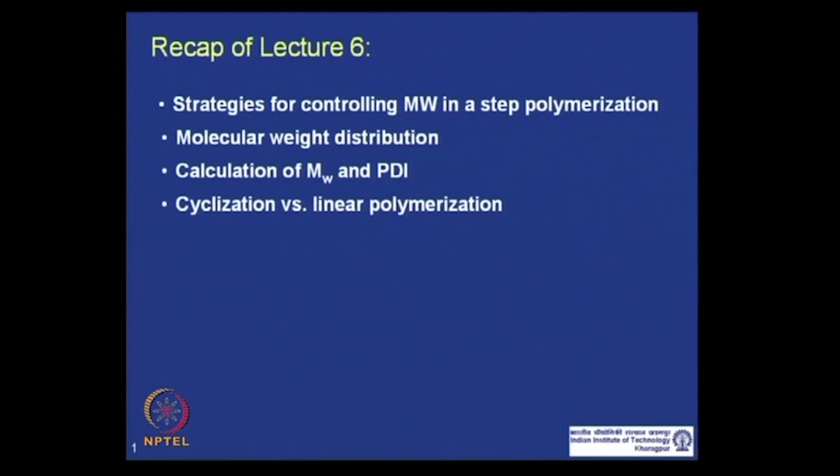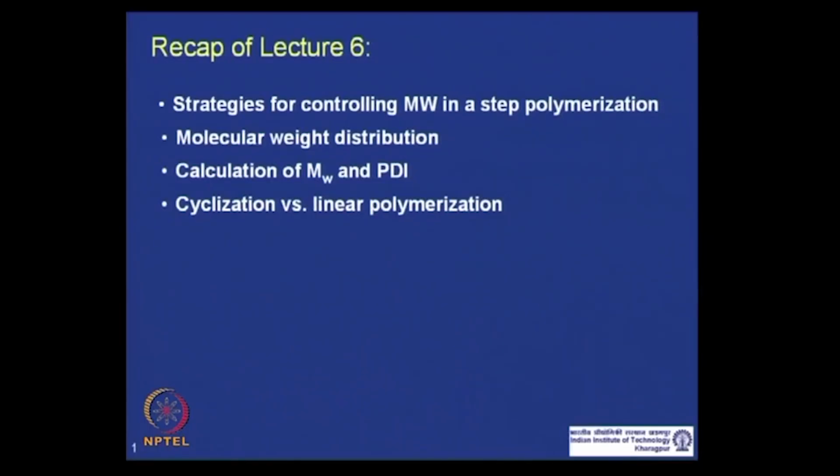If you talk about weight fraction, then the weight fraction of different chain lengths was maximum for a given molecular weight. We did a calculation to find Mw and the corresponding PDI, polydispersity index, which is Mw by Mn, and we found that PDI equals 1 plus p.